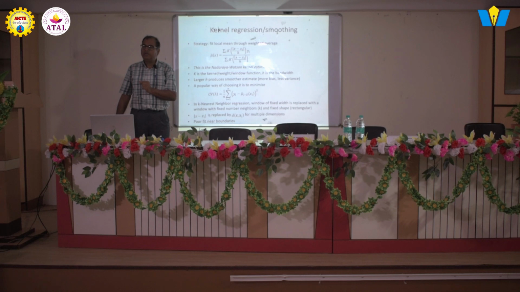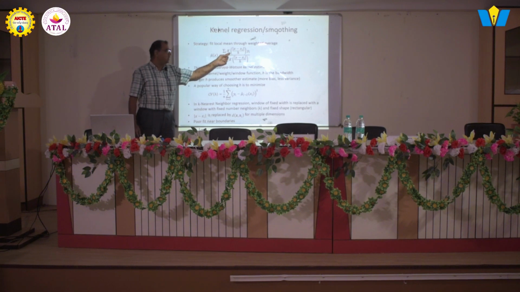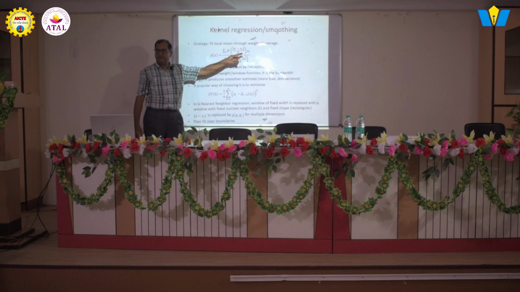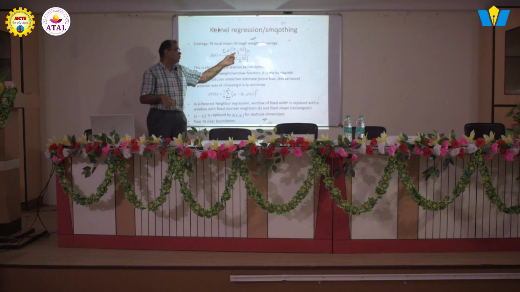Now, we define the estimator as a weighted average, but depending on where we are estimating x, the weights change. The yi's are the same for the entire data. But if I am estimating mu x at some x, then according to that, I choose my weights.